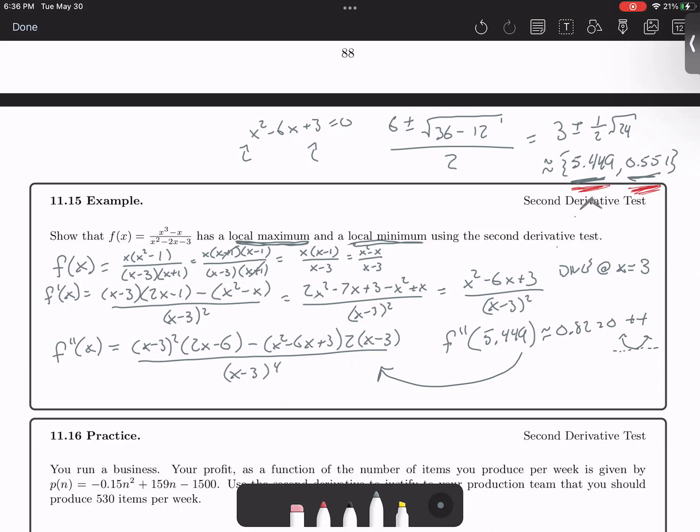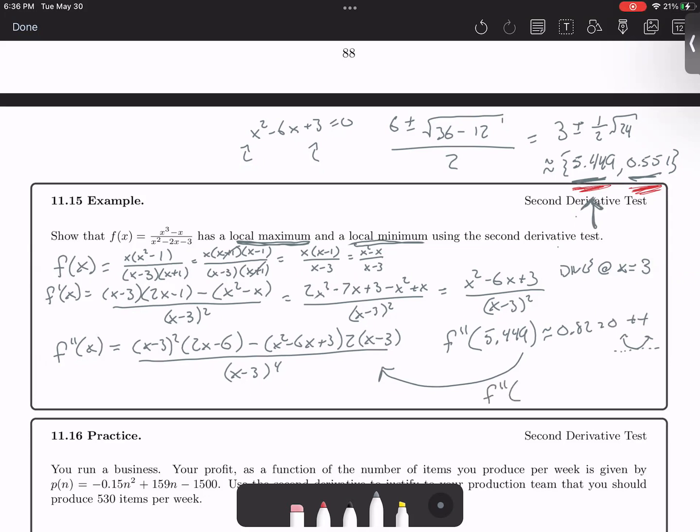So at 5.449, we have a local minimum. And our second derivative at 0.551, the other critical point, I don't want to say equals because we've already approximated here. The approximation is about minus 0.81. It's negative, we're concave down, which means that we're going to have a maximum. So this point right here at 0.551, that's going to give us a local maximum.